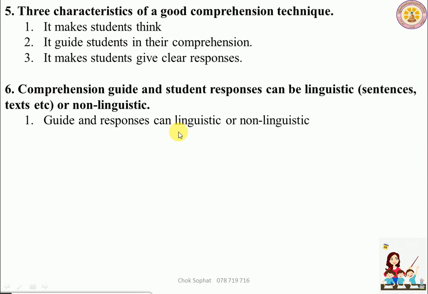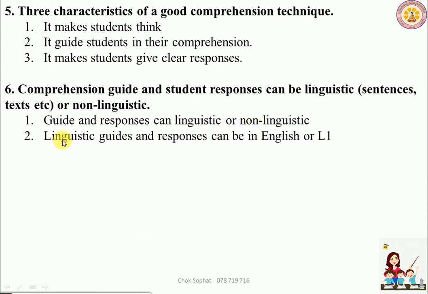Linguistic, the student can respond in sentences, for example, and non-linguistic can be in the form of picture or mime or action, for example. Okay, number two, linguistic guide and student response can be in English or in L1. So we can ask students to respond in English or in L1, the student's own language.